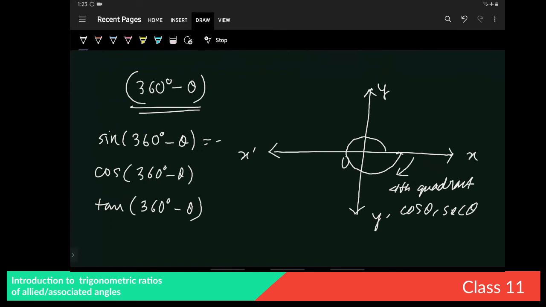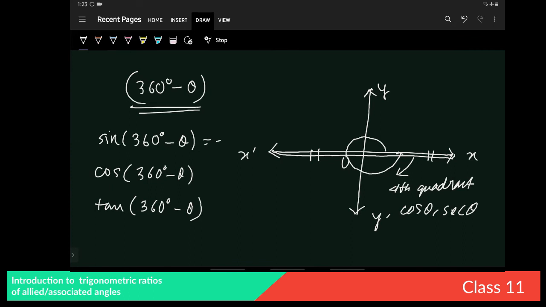This is 360 degree, and this line contains 360 degree minus theta. So 360 degree minus theta is associated with which line? It is associated with the xx prime line, that means the horizontal line. If it is associated with the horizontal line, then the ratio will not change according to the working rule. So sine will remain sine, cos will remain cos, tan remains tan, cot remains cot, and so on.